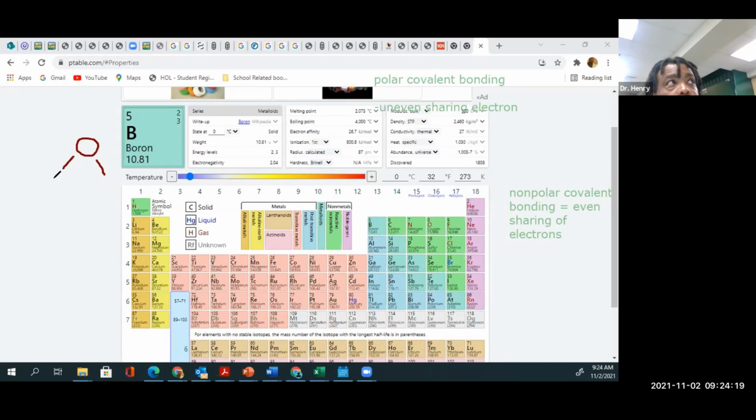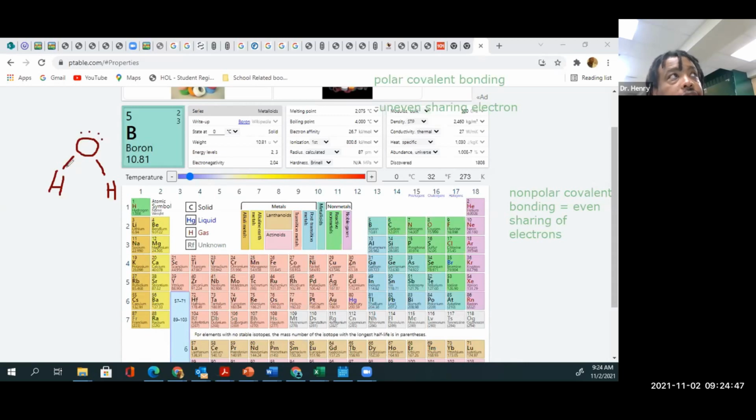The way that we would draw sharing is a line between the two elements. So oxygen sharing electrons with hydrogen, right? There are two pairs of electrons being shared between this oxygen and hydrogen.